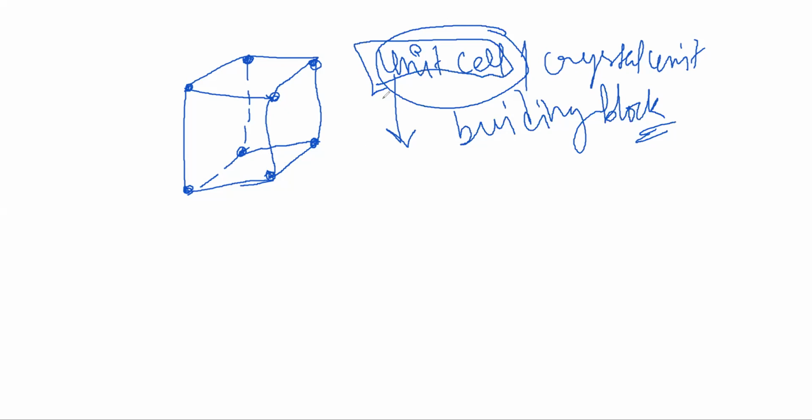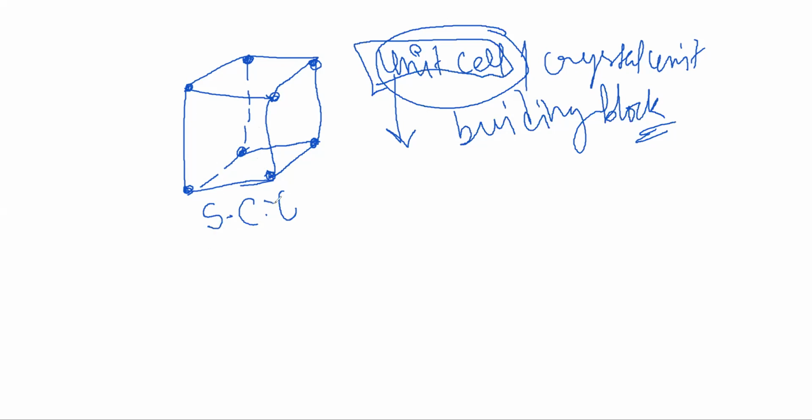So there are 3 or 4 types of unit cell. First one, as you can see in this diagram, this is simple cubic lattice, or you can say simple lattice, like as it is tetragonal shape. So this will be simple tetragonal unit cell, right?